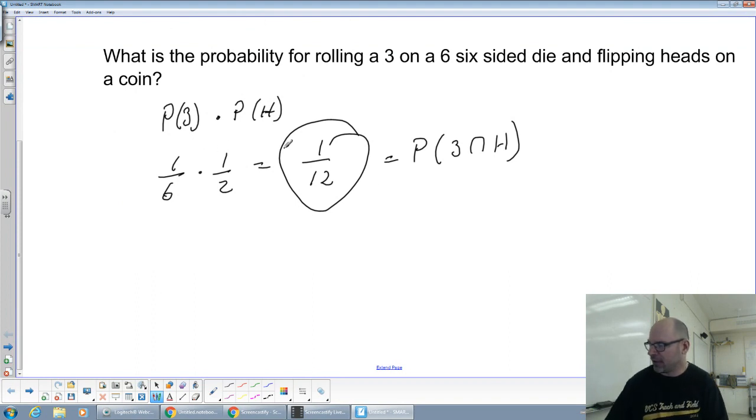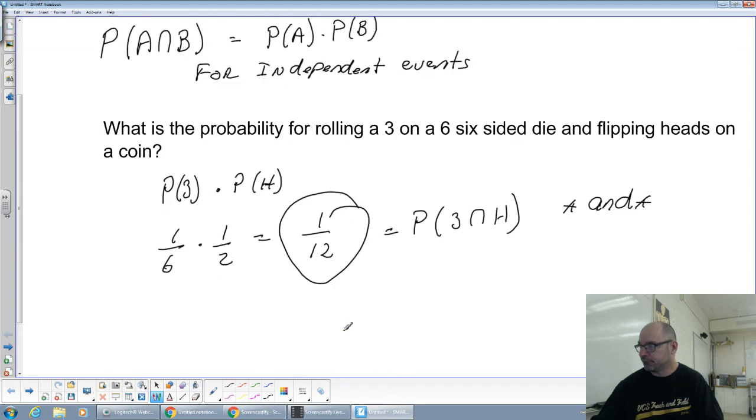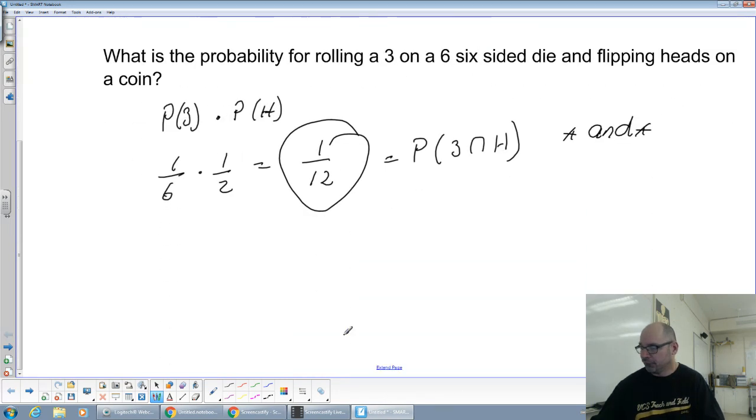The word and is typically what you see for just multiplying the two probabilities: rolling this and this. If you see the word or, then you might have some overlap, you might not, so you have to be careful, and that's when you get into non-mutually exclusive events and independent and dependent events.